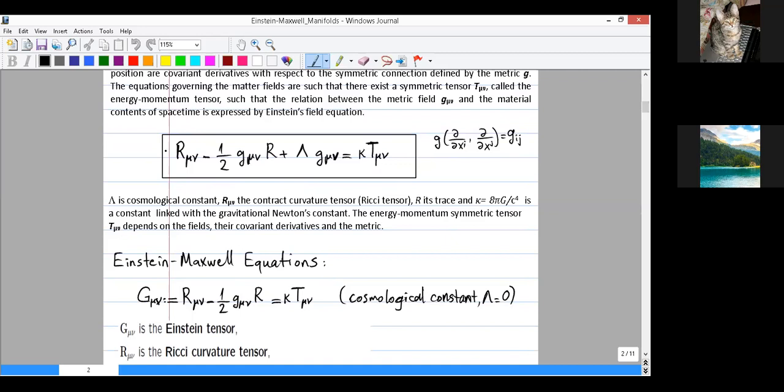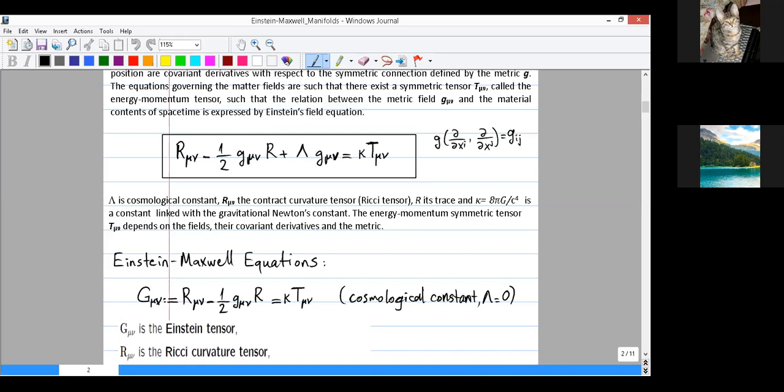We are going to give the meanings of these tensors shortly. But if we first have a general look at this equation, the left-hand side is related with the geometry of the space-time or the manifold, and the right-hand side is the matter content, energy, mass, and related stuff.